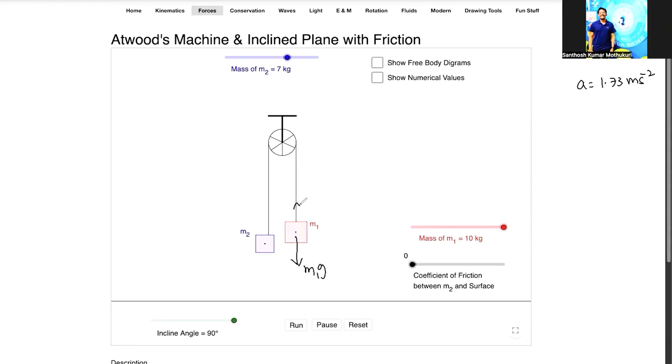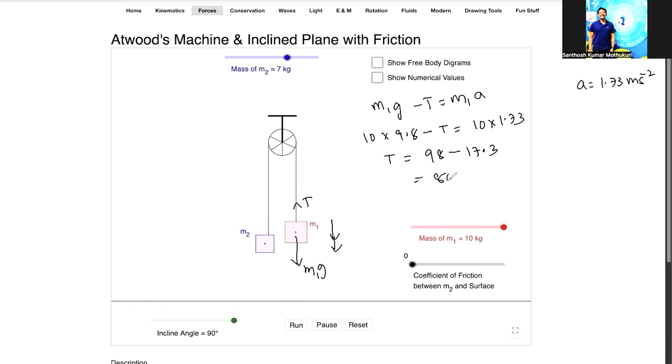This is M1G, this is tension T. So what is this equation going to be? M1G minus T is equal to M1A. Now I know A, correct? M1 is 10. 10 into 9.8 minus T is equal to 10 times 1.73. When I solve this, it becomes 98 minus 17.3, and it is going to be 80.7 newtons. So tension is 80.7 newtons.